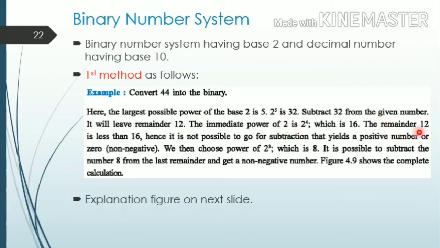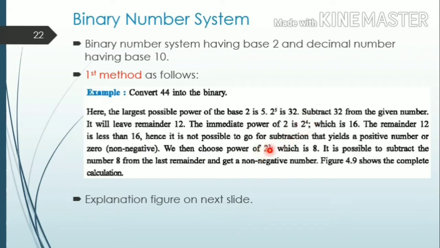Now the remainder is 12. Since 12 is less than 16, it cannot be subtracted, so the binary digit is 0. Hence, if the subtraction does not yield a non-negative number, we choose power 3 instead of 4.